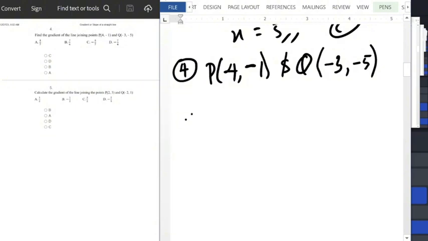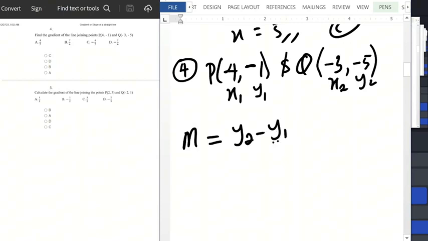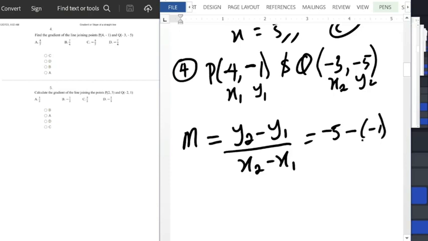If we want to find the gradient here, this is x1, y1, x2, y2. So the gradient, which is m, is y2 minus y1 divided by x2 minus x1. So what is y2? That is -5 minus y1, which is -1. Don't forget there's a minus there. Don't make a mistake. Then x2, which is -3, and x1, which is 4.